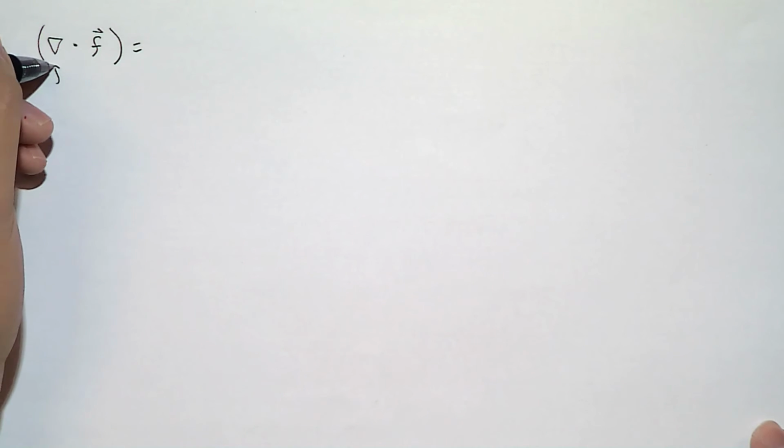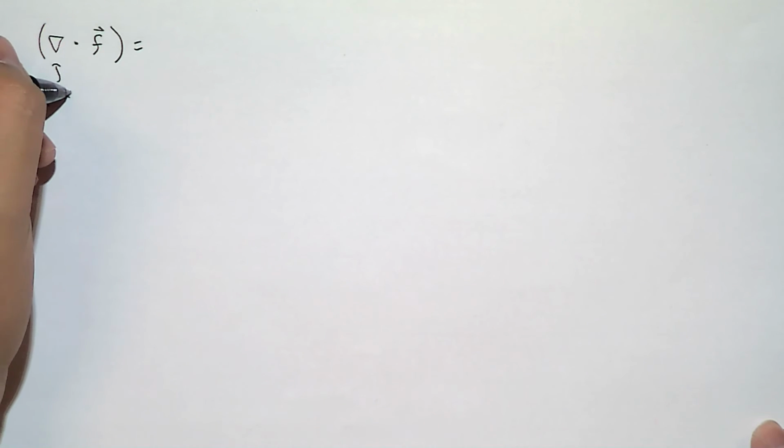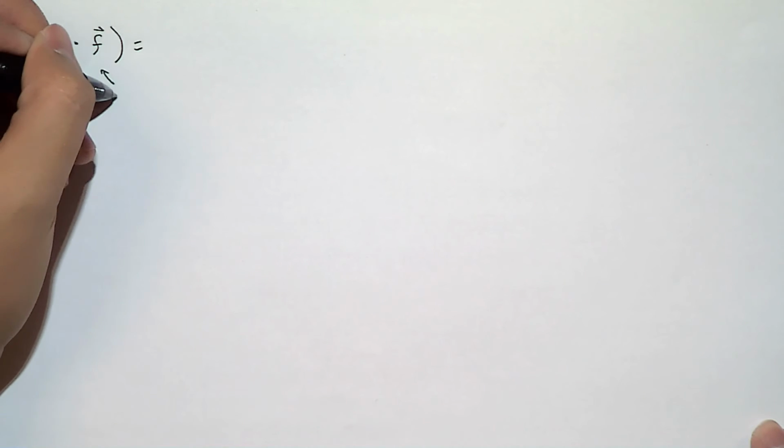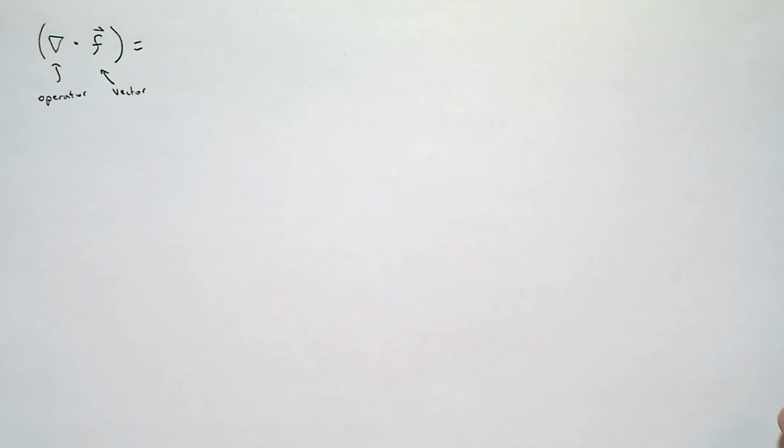Say, wait a minute, it's an operator, it needs a function, how can there be a dot product? Well, notice that when we take the dot product of this del operator with a vector valued function, you end up with a scalar that depends on the gradient operator. So how do we solve this dot product? Well, even though it's an operator, we can treat it as a variable for the purposes of our calculations, and you'll see that we're going to end up with a coherent function.